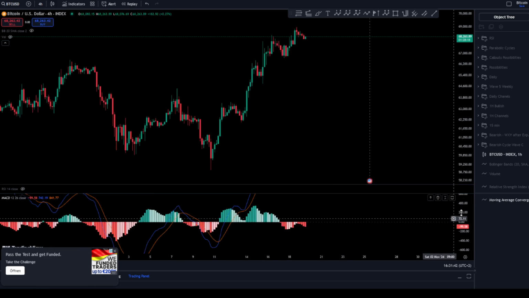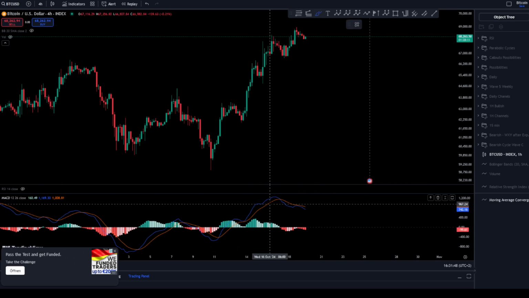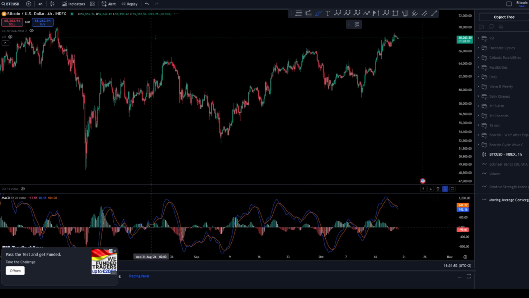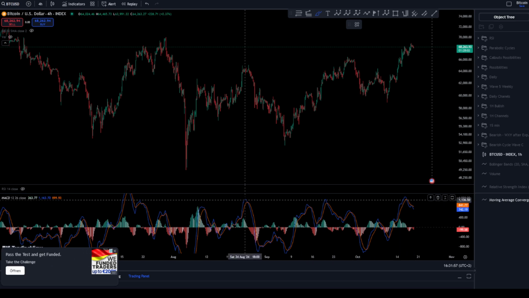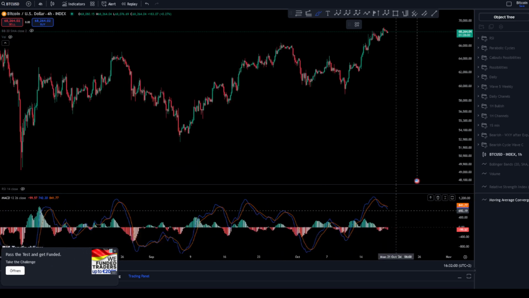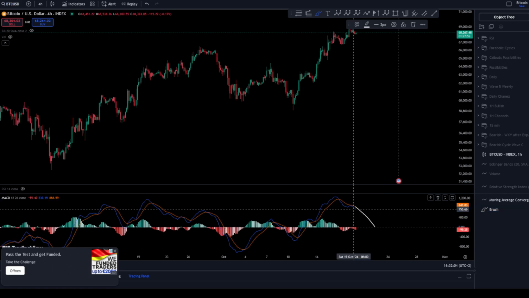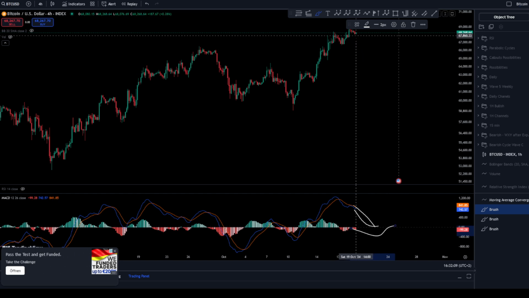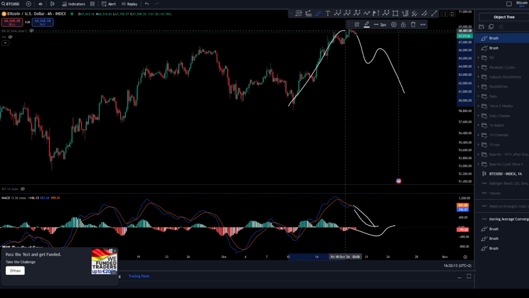On the 4-hour chart, this is a very clear signal on the MACD, where we see a high trend coming from a very high top, even higher than the previous one. So it is very likely that we dive a little bit deeper here on the 4-hour chart to finish a wave 2, where we are at 1, 2.